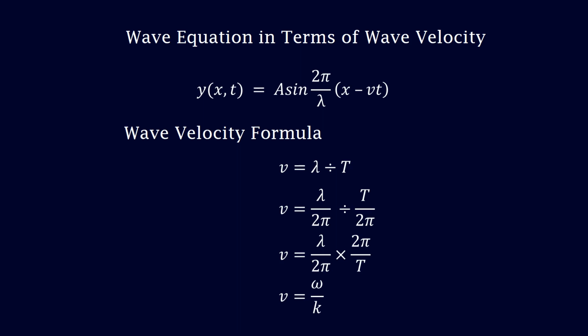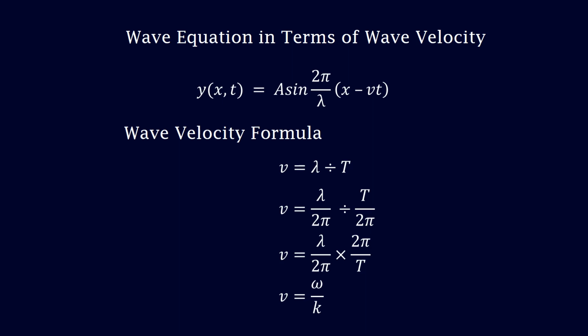Now, we will obtain the velocity of the wave equation in terms of k and ω. We know that v = λ/T. Therefore, v = (λ/2π)/(T/2π).